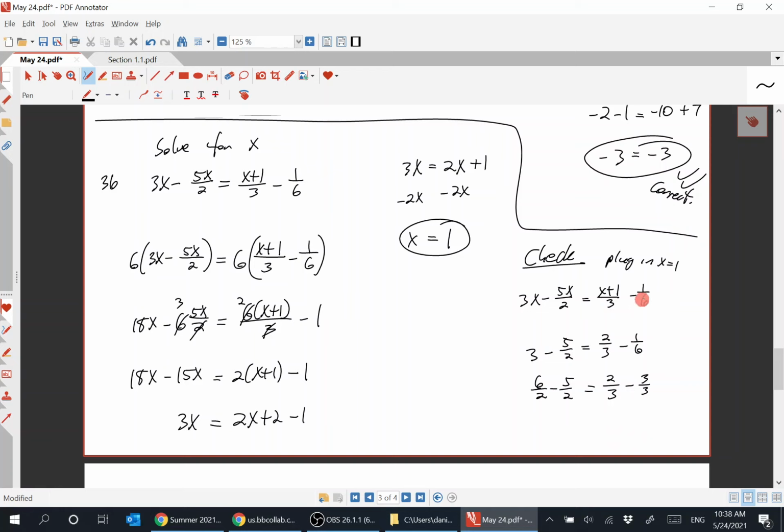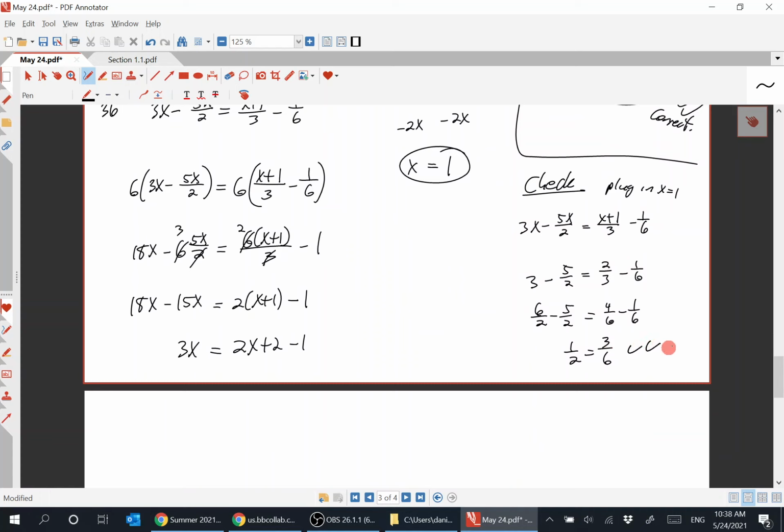The original equation has a minus 1/6 here. So 2/3 minus 1/6. So that's 4/6 minus 1/6. So this is 1/6, and no, this is 1/2. 4/6 minus 1/6 is 3/6, which is 1/2, of course.